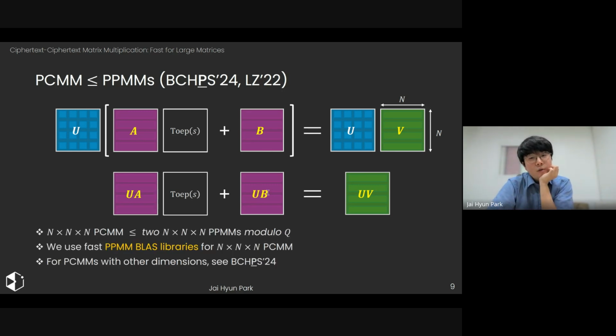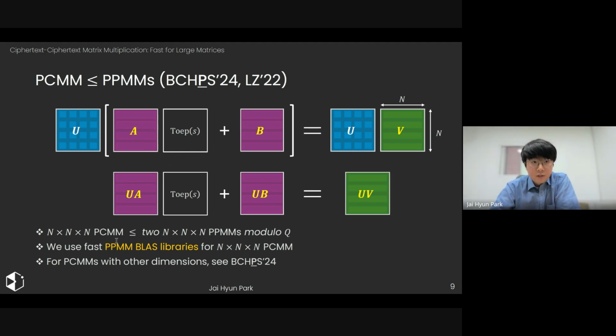So to do PCMM, all you have to do is compute UA and UB, which are PPMMs. So the PCMM for these dimensions should be as easy as 2 PPMMs. And 2 PPMMs can be done with BLAST libraries, so for those n by n cases with the appropriate dimension, the PCMM should not be difficult.